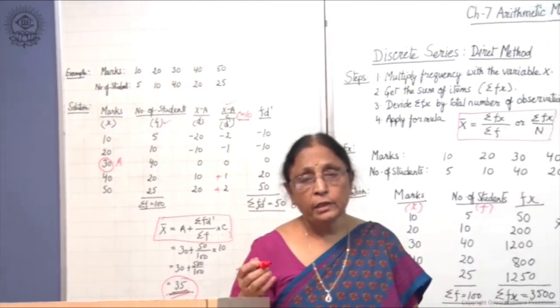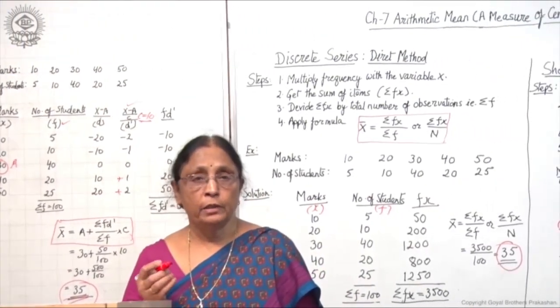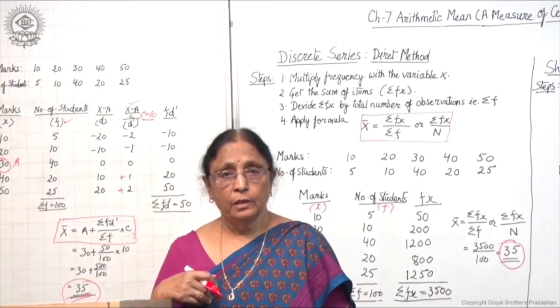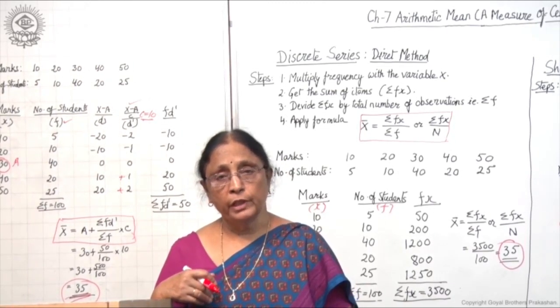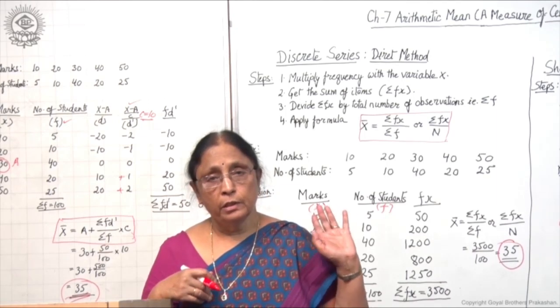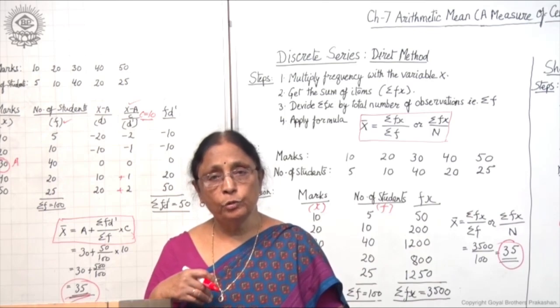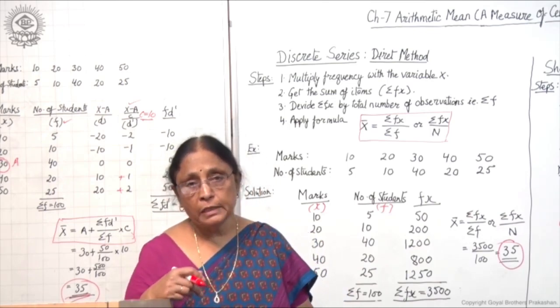So it is clear that whichever method you apply, the answer will always be the same, right? So in the case of discrete series, these three methods can be applied. Any one of these you can use, but the result will be the same.